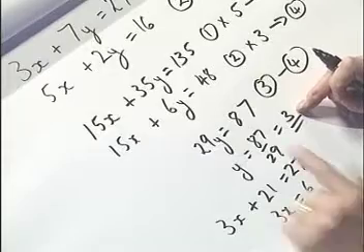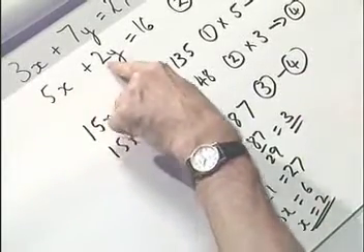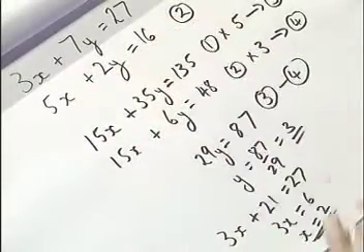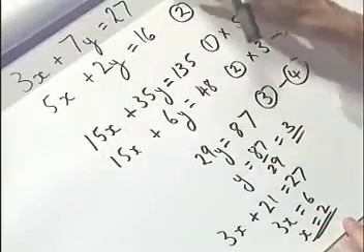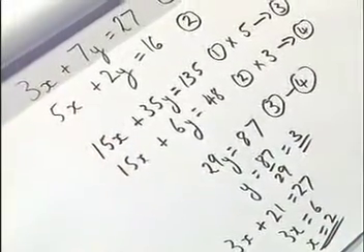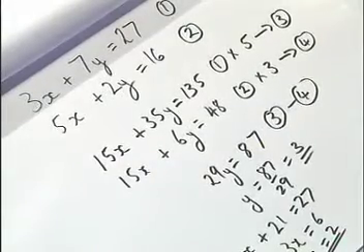Check this in here. 5 2s are 10, 2 3s are 6, 10 and 6 gives me 16, which is what I want. So I know that this is my solution to this pair of simultaneous equations. And again, look how straightforward that is. Much, much easier than the first method that we saw.